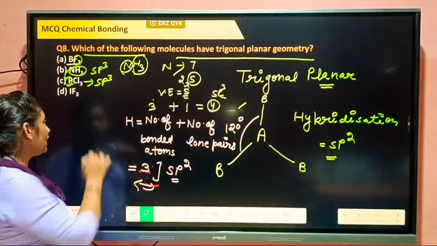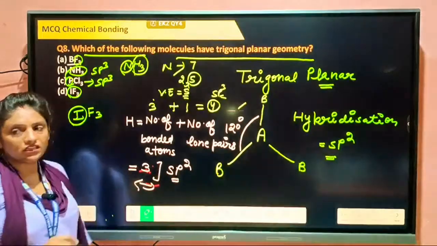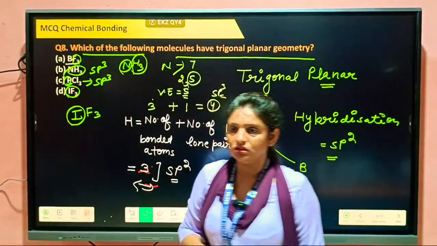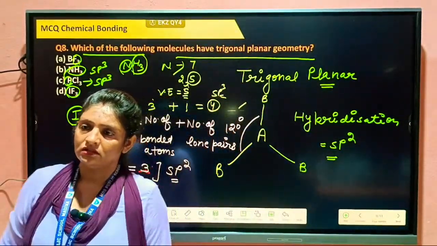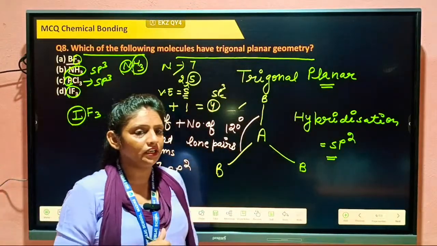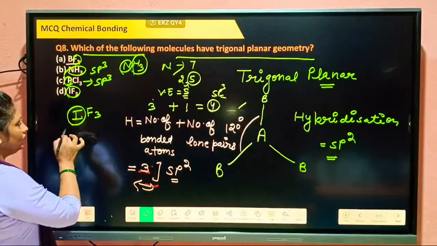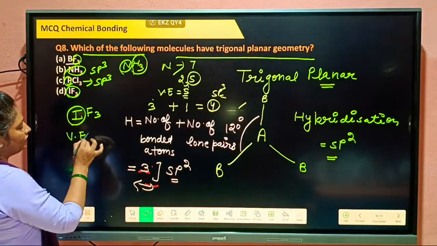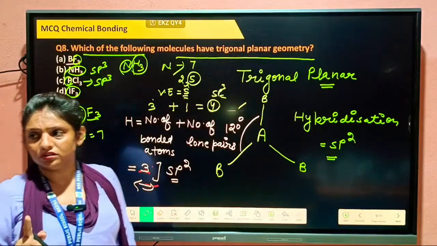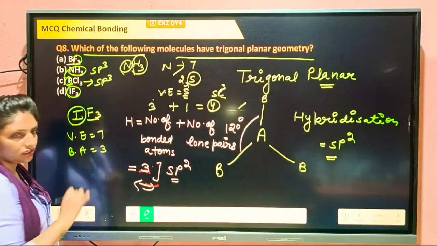Clear or not? In case of IF3, iodine is the central atom, and you know very well iodine is a halogen. Halogens belong to group number 17, and in group 17 how many valence electrons? 7. So valence electrons are 7, and fluorine is univalent. Fluorine can form only 1 bond. So the number of bonded atoms is 3 only.